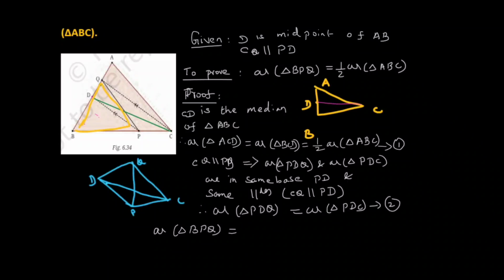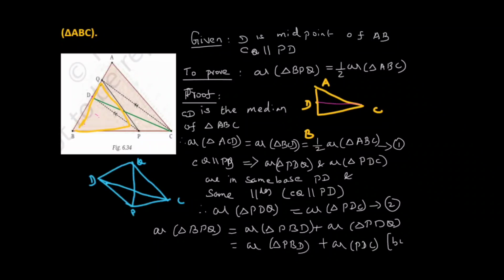So we can write area of triangle PBD plus area of triangle PDQ. Now using our second equation, we can replace our PDQ as PDC.